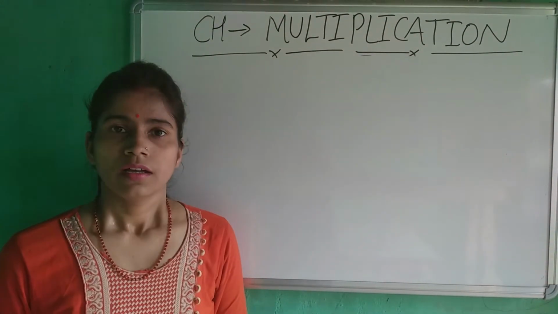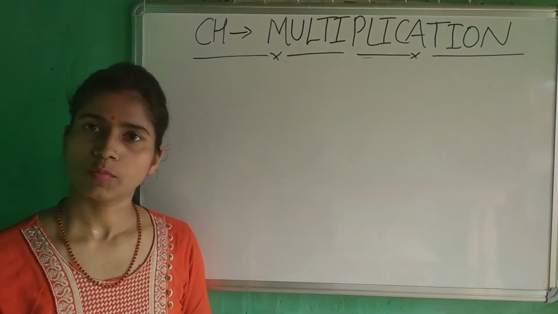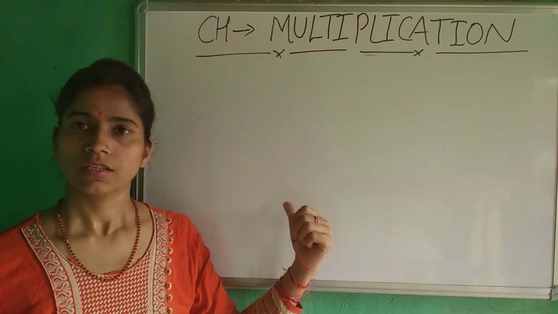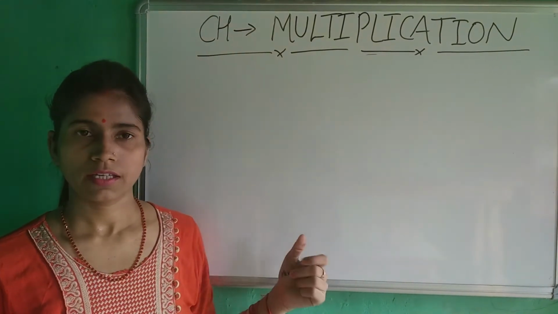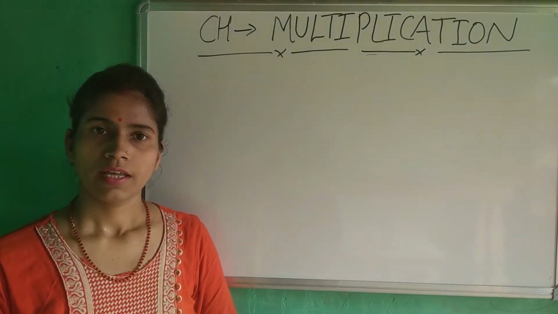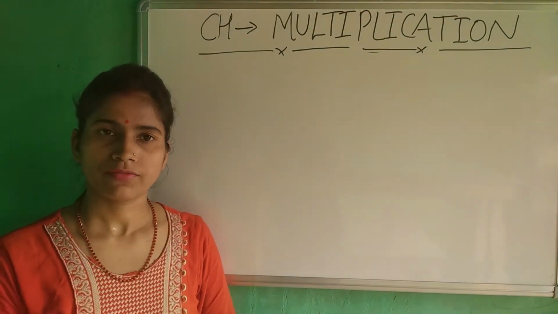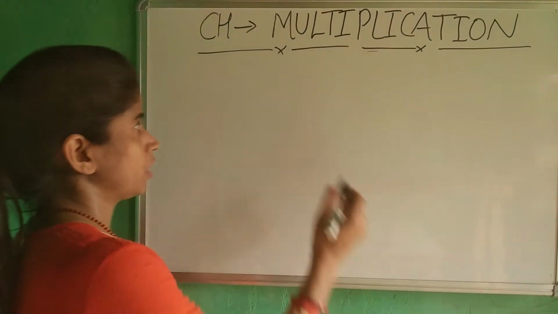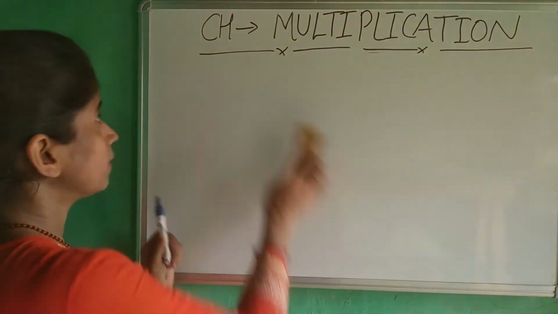Students, there are basically 6 properties in your syllabus. I am going to discuss 3 properties right now, and in the next video tutorial I will give you a brief discussion about the remaining 3 properties. Okay, so now let's start the properties.